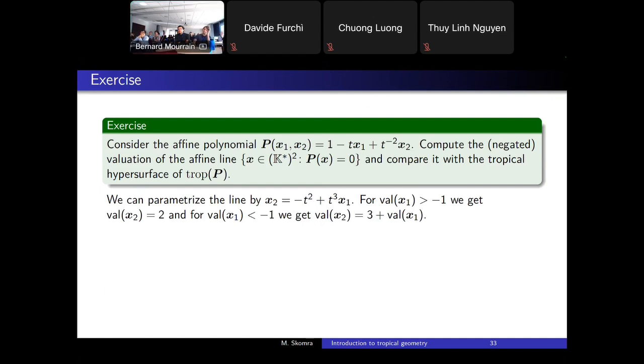Imagine that the valuation of x1 is greater than -1. What will happen in this expression? This thing will have valuation greater than 2. So when I add this thing, the valuation is 2. Do you agree? So for valuation greater than -1, we get that the valuation of x2 is 2.